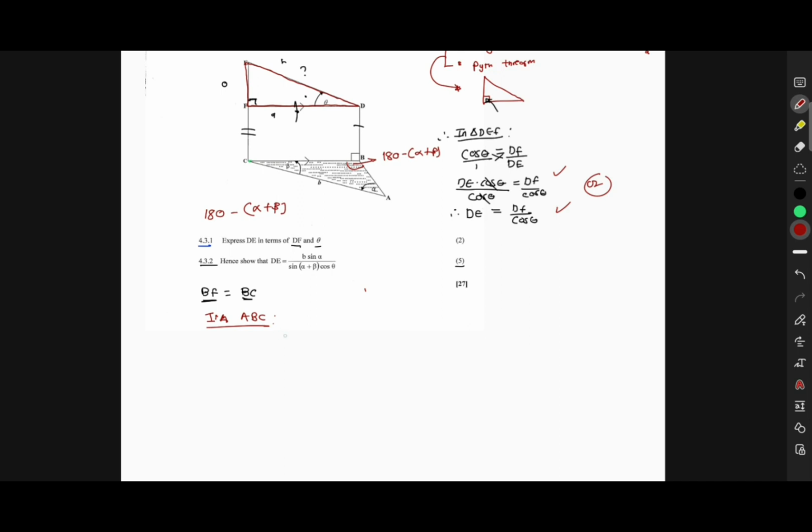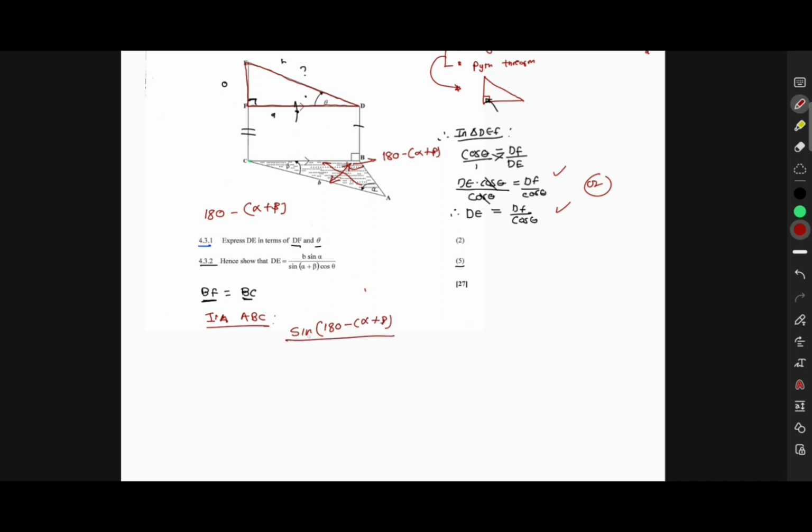So when I solve this, I am going to say the sine of angle B, which corresponds with this one. So I'm going to use sine B, which is sine of 180 minus alpha plus beta.